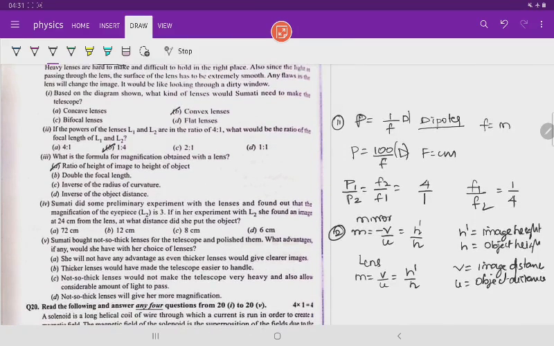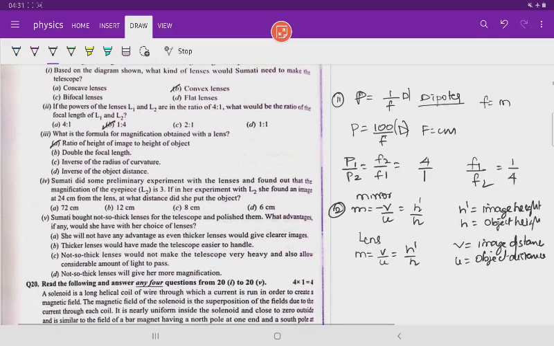So next is, Sumati did the preliminary experiment with the lenses and found out that the magnification of eyepiece L2 is 3. So they have given that magnification is 3. In the experiment, L2 was found to give an image at 24 centimeters. So image distance V they have given, that is 24 centimeters. Remember, they have given that image distance.